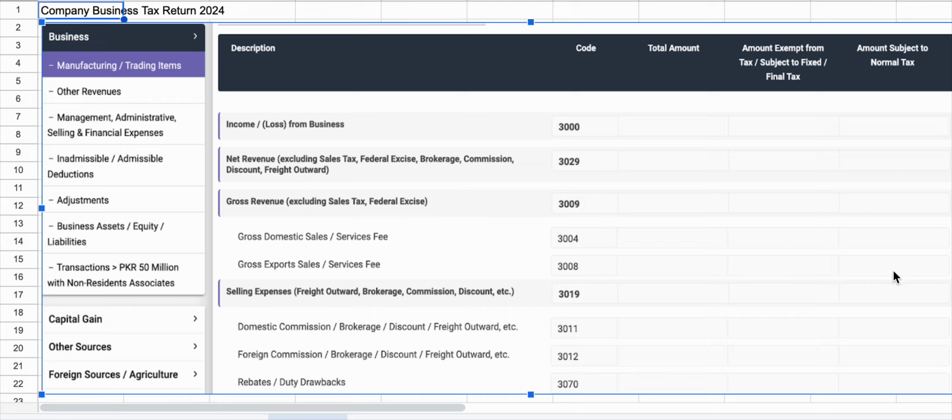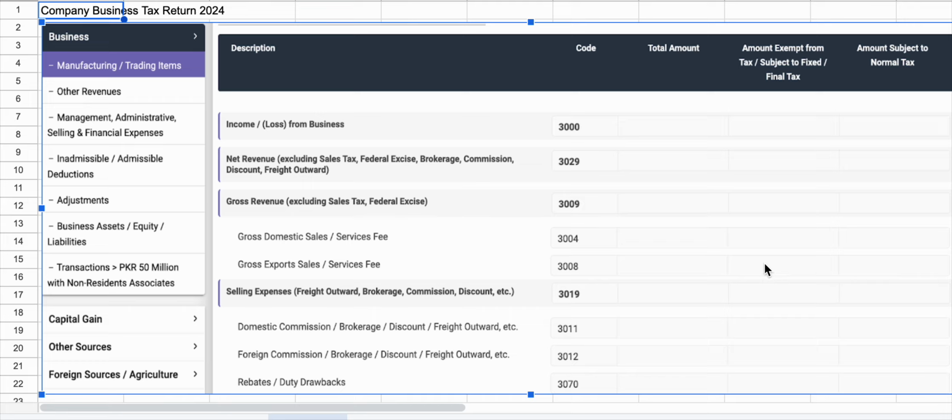We will only put it once here in the total column, and once we press the calculate button, it will come here in the amount subject to normal taxation, and then normal tax rates will be applied. Hopefully this final tax and normal tax has been explained in our other videos, and we'll link it in this video. You'll find the link at the top, and you can go into what's final income and normal income.